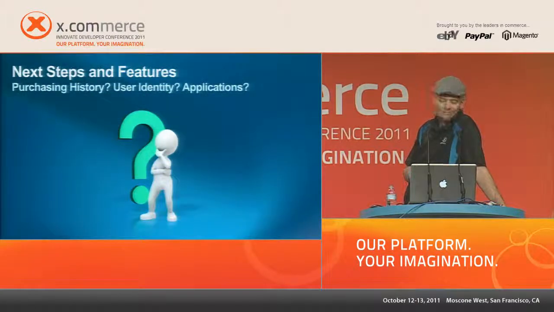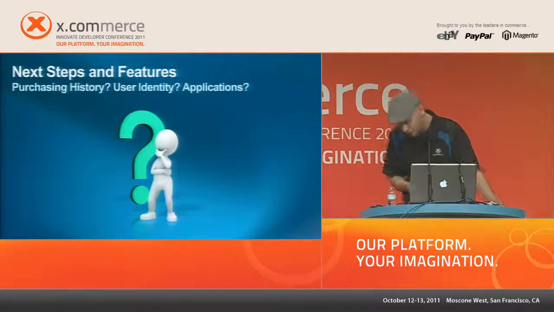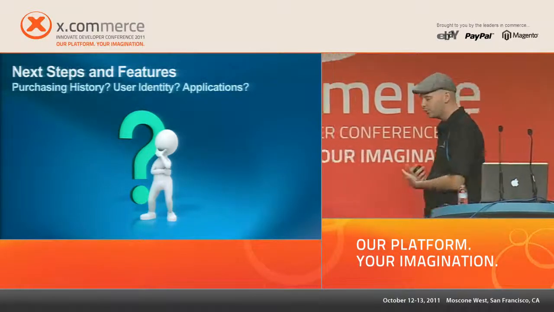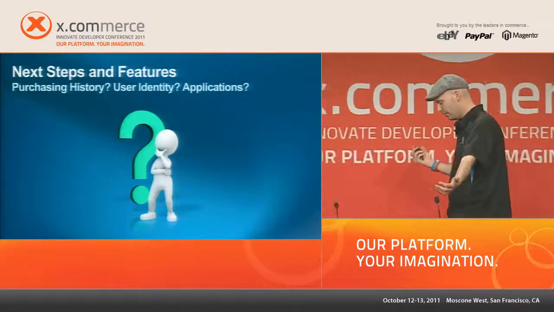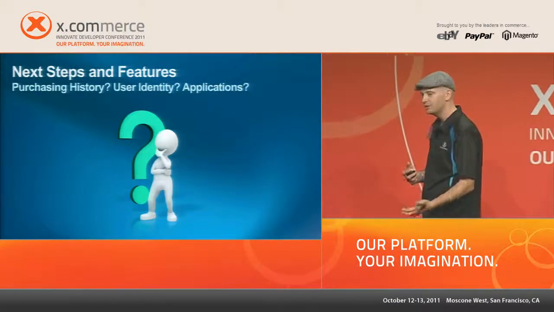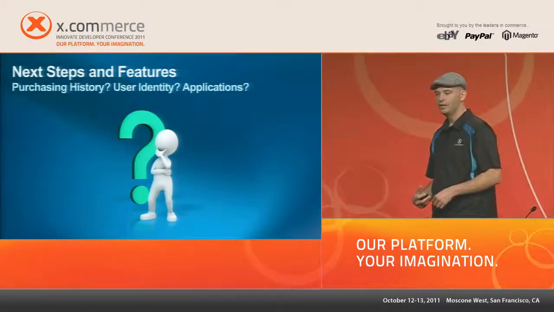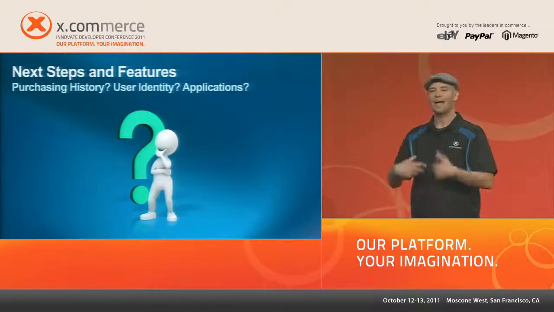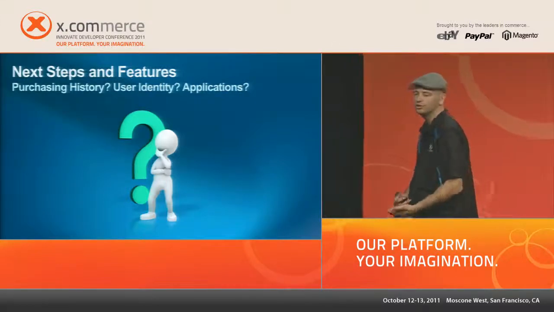And then we're really asking ourselves a lot of questions here around building off that purchasing history. So what can you do? You can build that trust rating. You can use the purchasing history to see what a user's trends are and see how they've been as a consumer or a merchant.